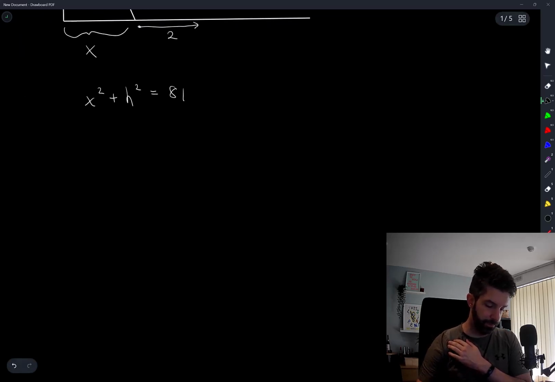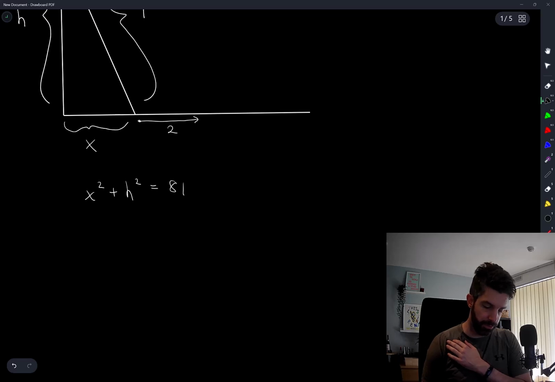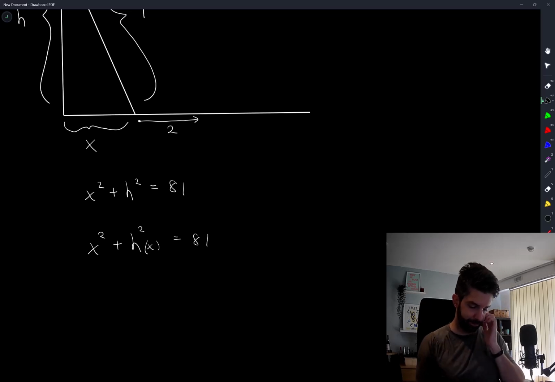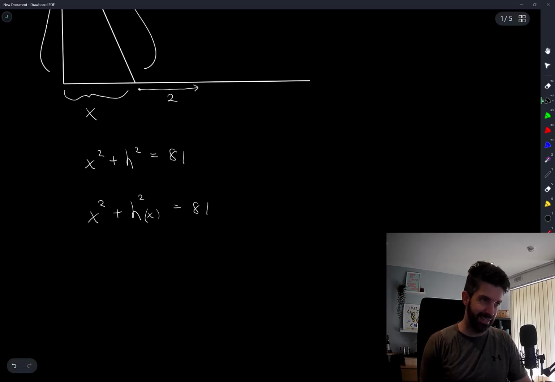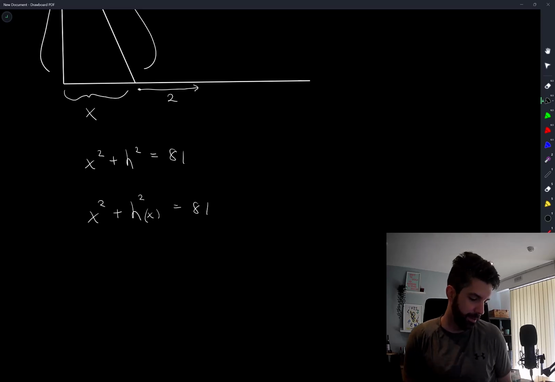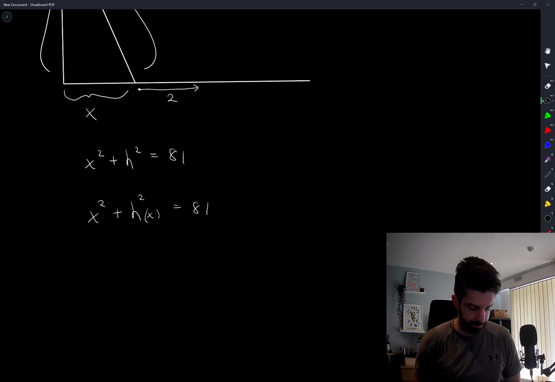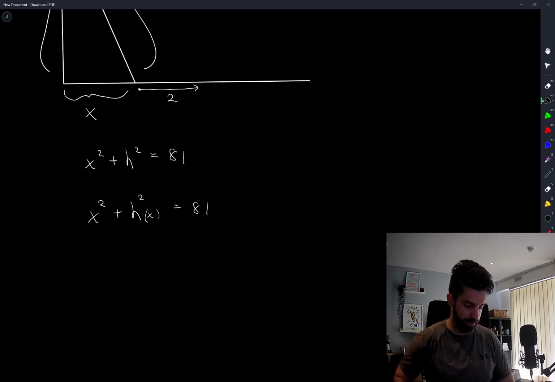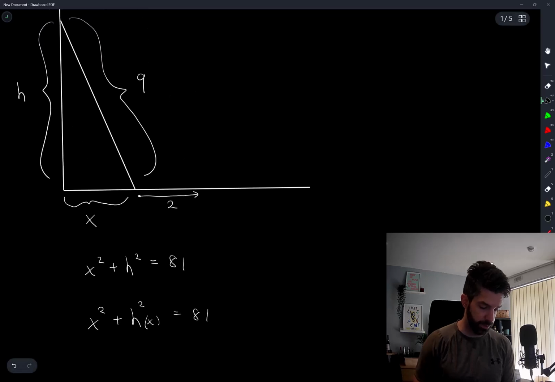Okay, so I'm going to think of h as being a function of x. So I have x squared plus h of x squared is equal to 81. In fact, maybe I should even think of everything as being a function of t, so that x is a function of t, h is a function of t.